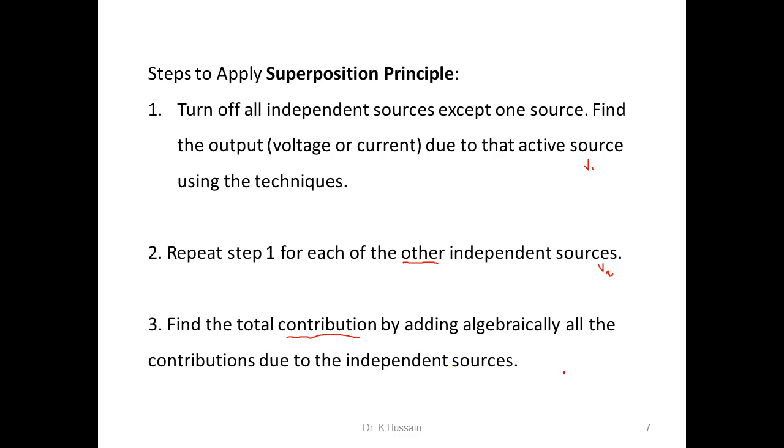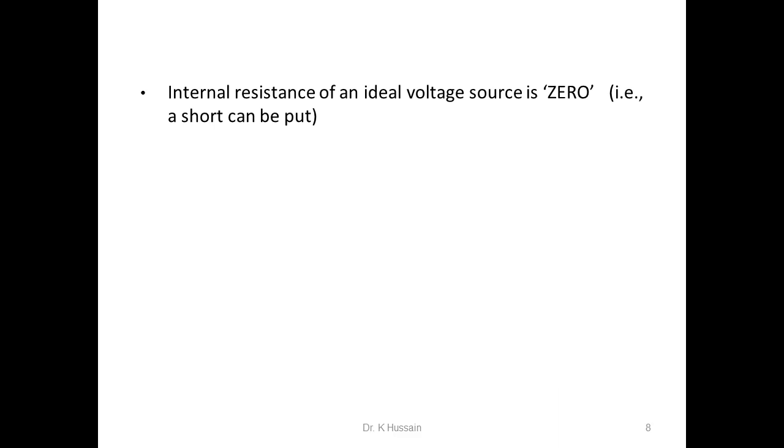Now, when you are applying the superposition principle to circuits, you need to keep in mind that the internal resistance of an ideal voltage source is 0. If it is ideal, the internal resistance is 0, which is nothing but a short circuit at that time.